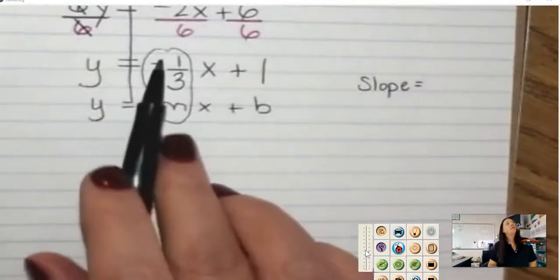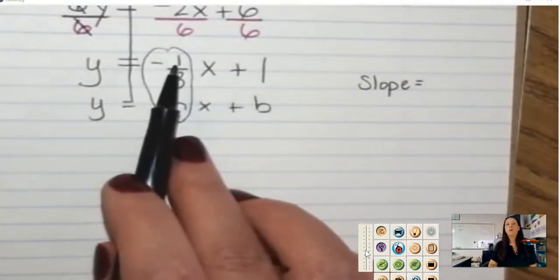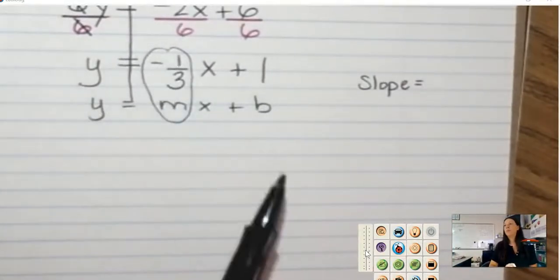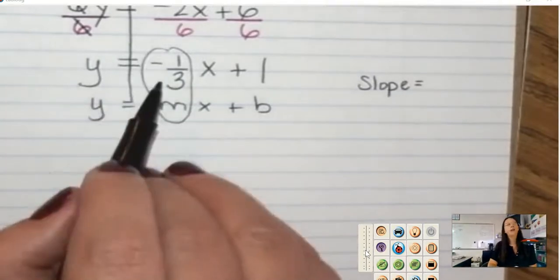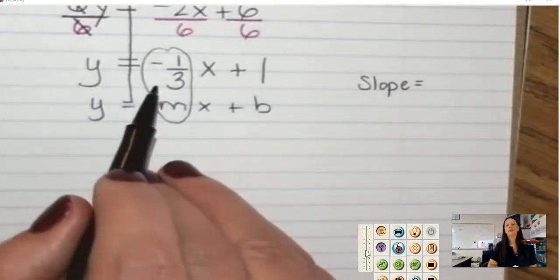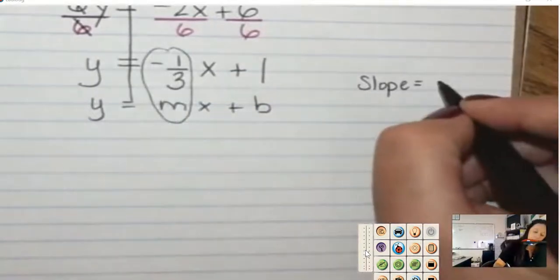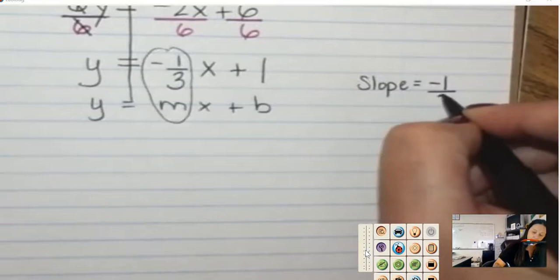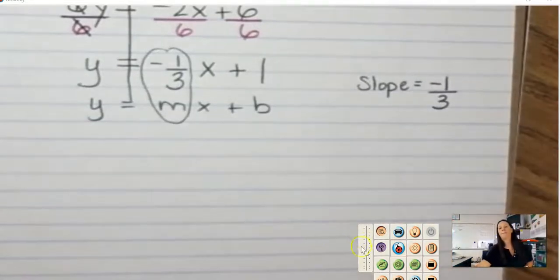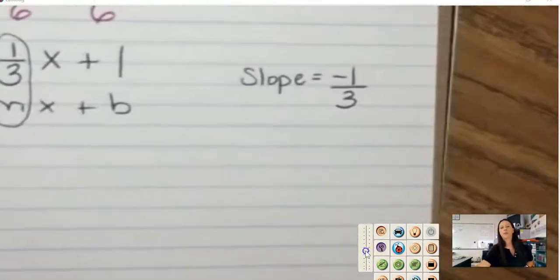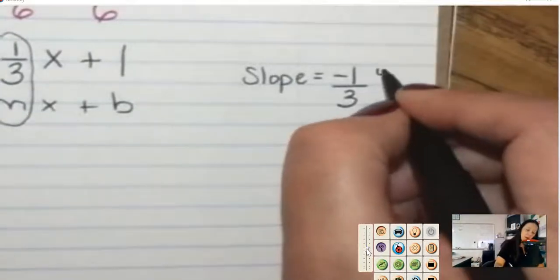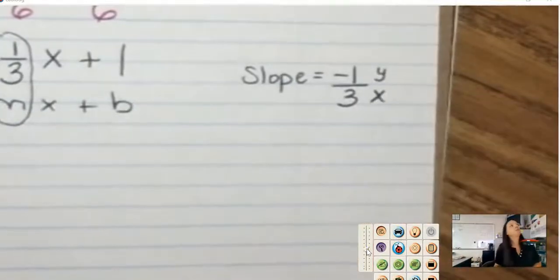That negative, put it on one of your numbers. Put it on the 1 or put it on the 3. Don't put it on both. Because if you put negative 1 over negative 3, a negative divided by negative is positive. That's actually positive slope. So I'm going to put it on the 1. So I'm going to put negative 1 over positive 3. Remember, slope is y over x.